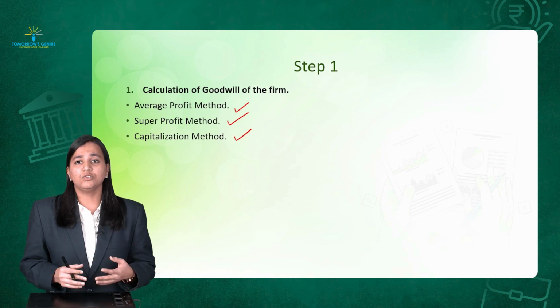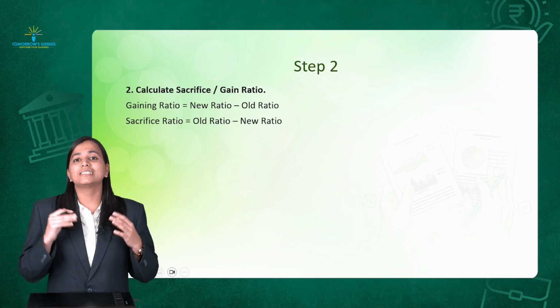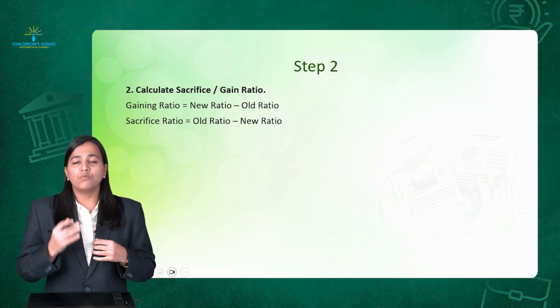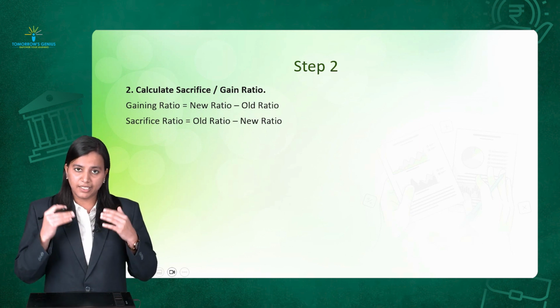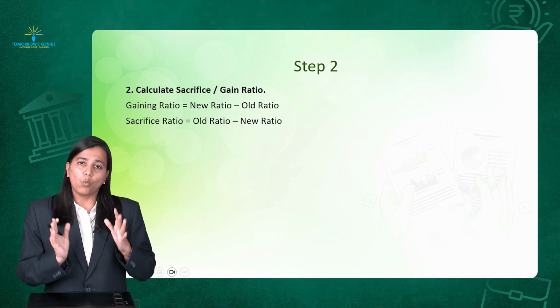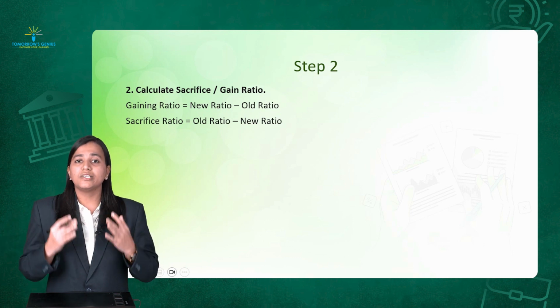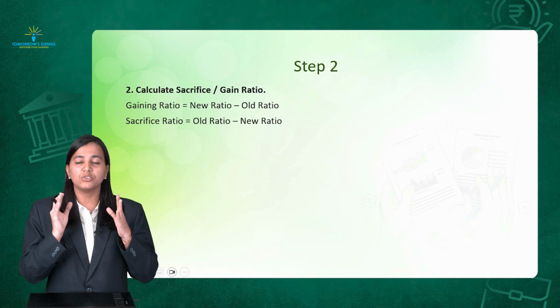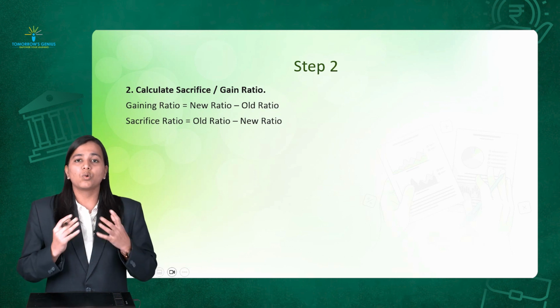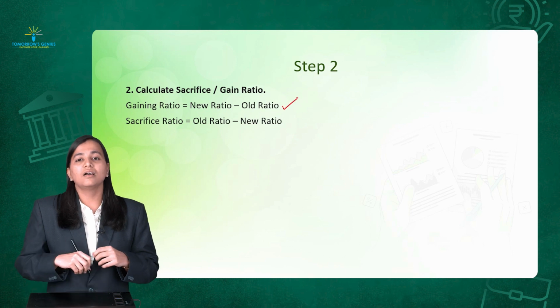Once you know the goodwill of the firm, step number 2 is to calculate the sacrifice ratio and gain ratio. What is the reason? Basically, in a change of profit sharing ratio, among the existing partners one will be suffering loss and the other will be gaining. So, you need to calculate sacrifice ratio and gain ratio. How to calculate it? It is calculated by formula.